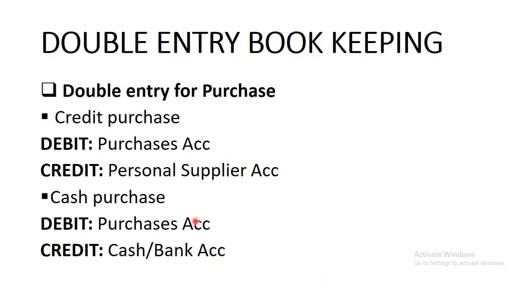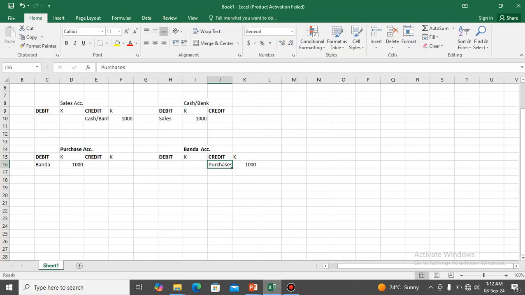So now for a cash purchase, it's the same, but the only issue is there's no personal supplier account, but rather there's the cash or bank, depending on how the money was paid to that particular supplier. So now what do we do here? This is already created.